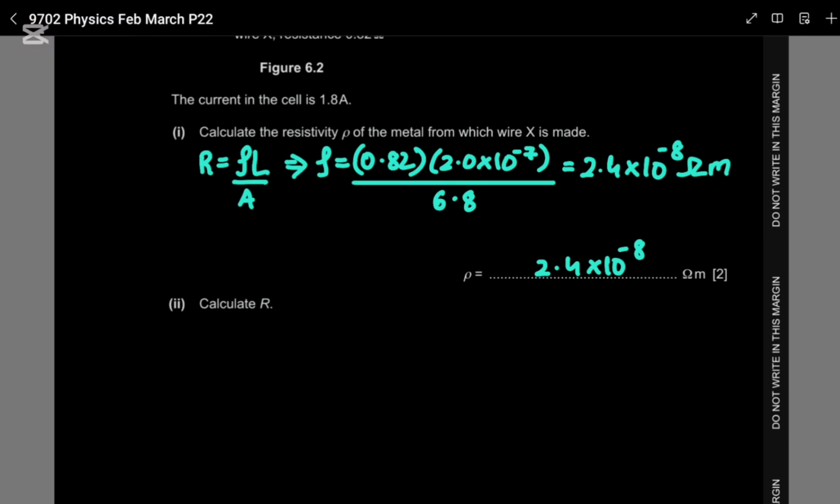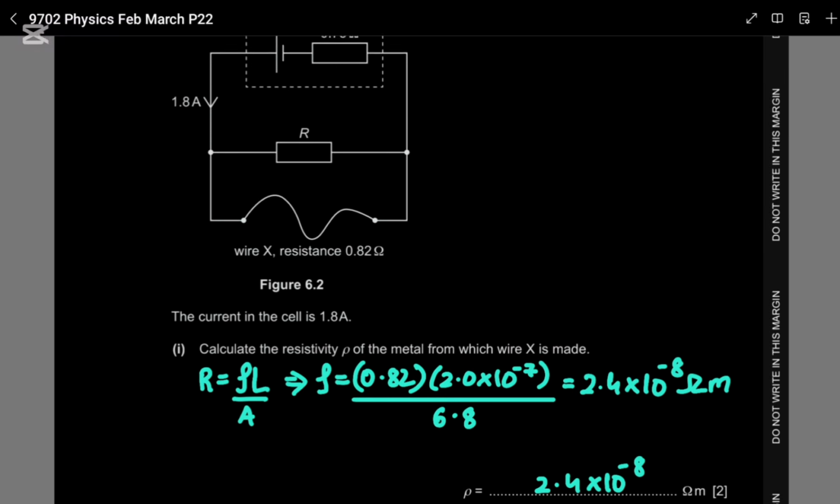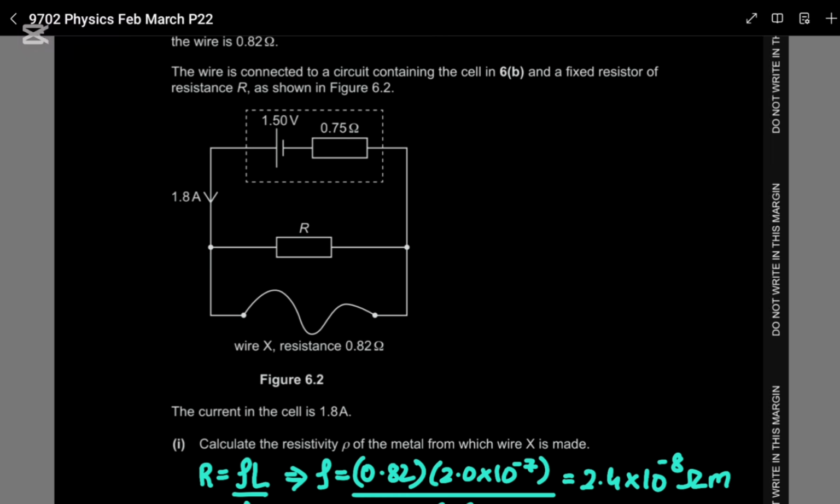Now part II. Calculate R. Now here comes the twist. You'll notice that there is voltage getting lost to the internal resistance. This is small r, which is 0.75, and there is V lost. The rest travels on.